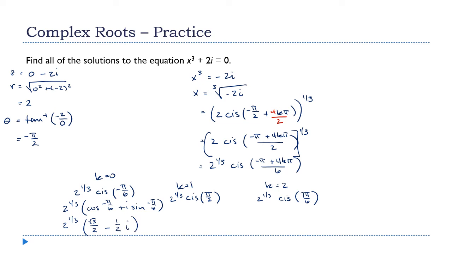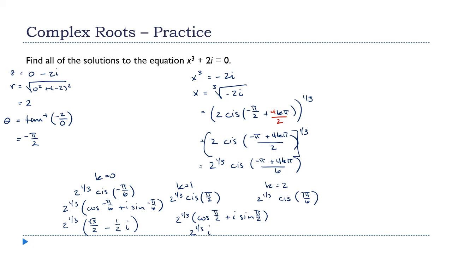This one is, let's see, 2 to the 1/3 cosine pi over 2 plus i sine pi over 2. Cosine pi over 2 is 0. Sine of pi over 2 is 1. So this is 2 to the 1/3 i.